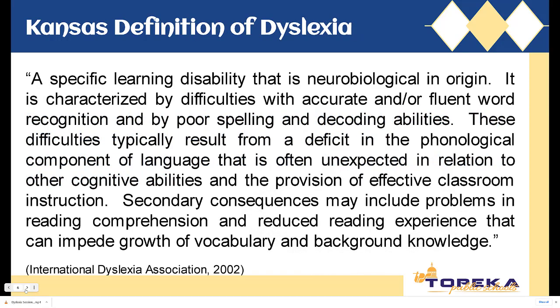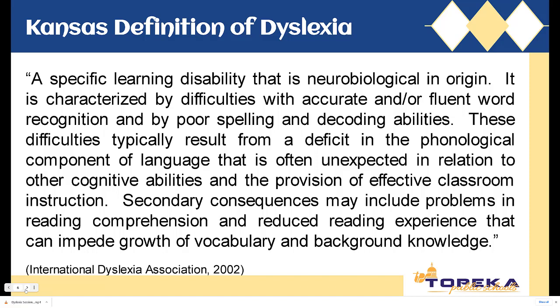On the screen, you will see the Kansas definition of dyslexia that's also been identified as the definition of dyslexia by the International Dyslexia Association. And the definition is as follows. A specific learning disability that is neurobiological in origin. It is characterized by difficulties with accurate and/or fluent word recognition and by poor spelling and decoding abilities.